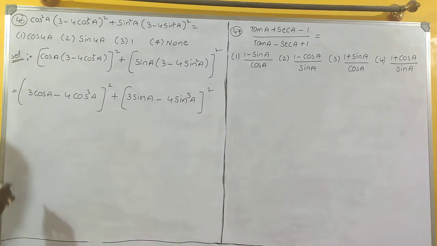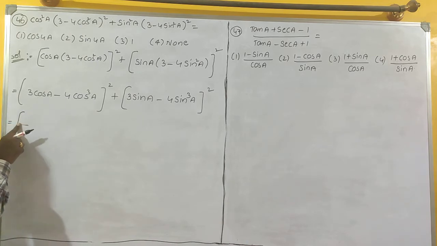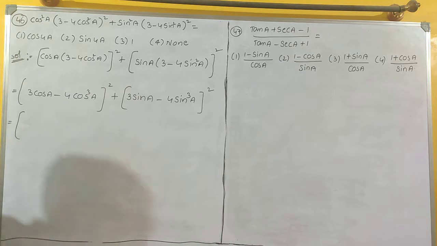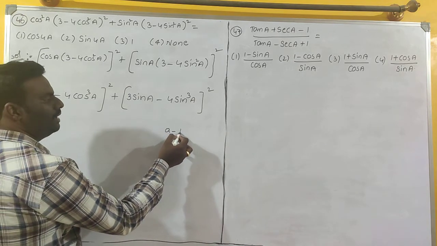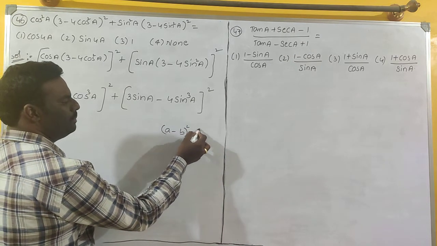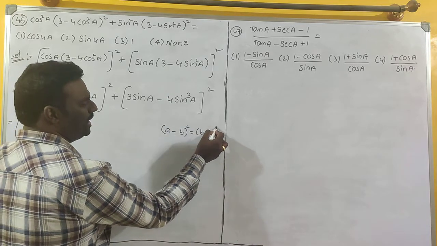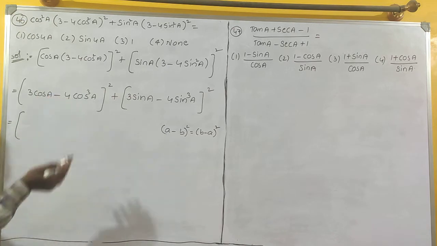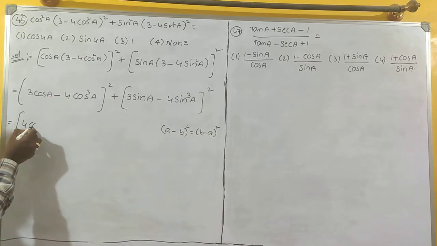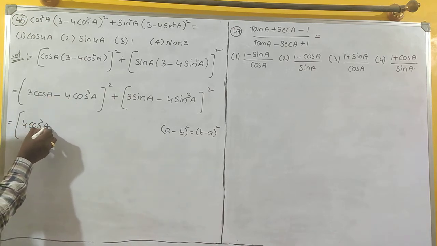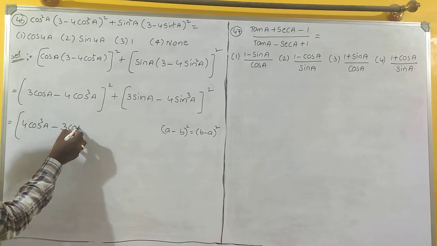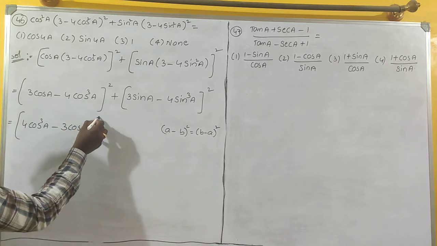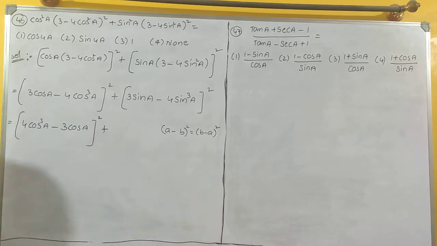Not required to take minus common, listen. Already we know (A minus B) whole square and (B minus A) whole square are both the same. That's why in place of this I am interchanging the places: (4 cos cube A minus 3 cos A) whole square. Why? Because we know this formula.